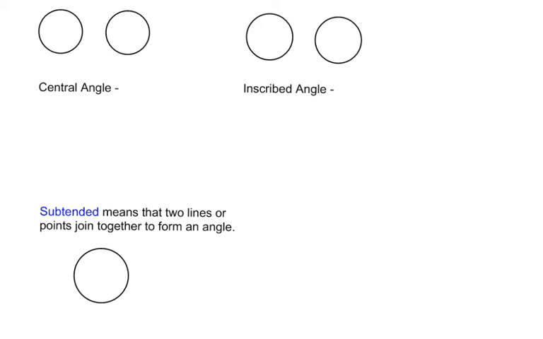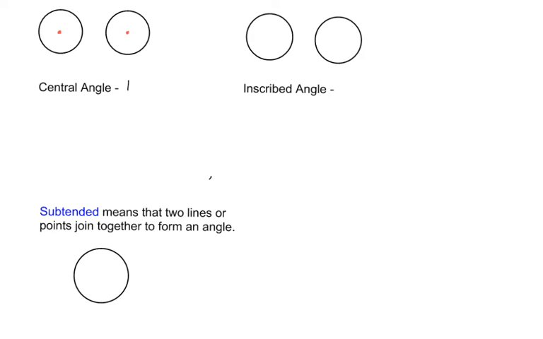So when we start this second page, we have to talk about these various definitions. The first definition is the central angle. When we talk about the central angle, the vertex of the angle is at the center of the circle, and the arms of this angle are going to be the radius. So we'll quickly draw our center in both circles.